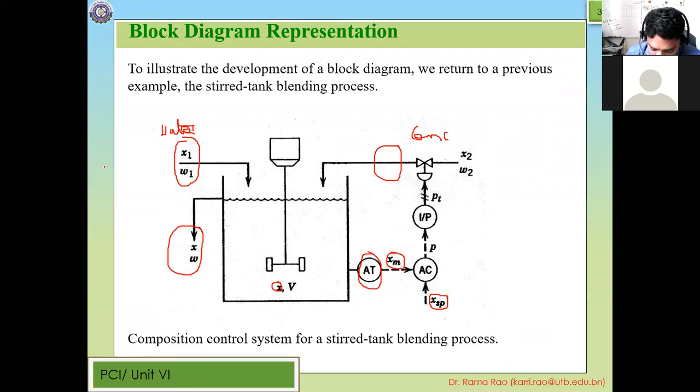These are the input streams, minus the output XW, is equal to the rate of accumulation. Rate of accumulation is dm by dt. Mass is nothing but volume times density, so we can take the density out. So this is dV by dt because volume is changing.